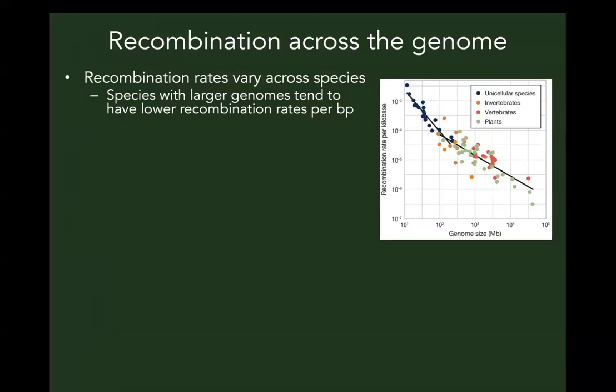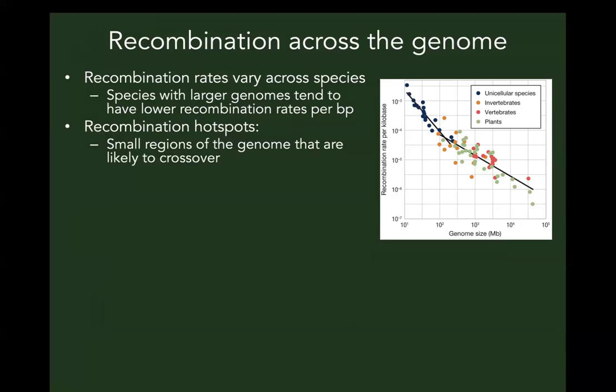All right, so the rate of recombination varies across species. There are some trends. You can see there's kind of an inflection point to these lines. The species that have larger genomes tend to have a lower recombination rate per base pair, and the species that have smaller genomes tend to have a higher recombination rate per base pair.